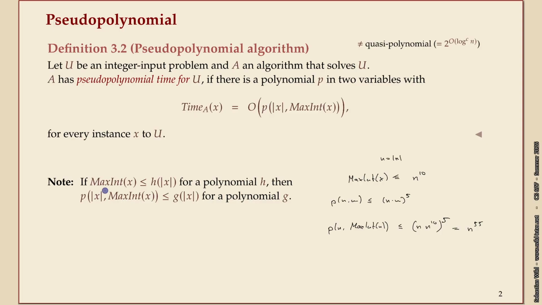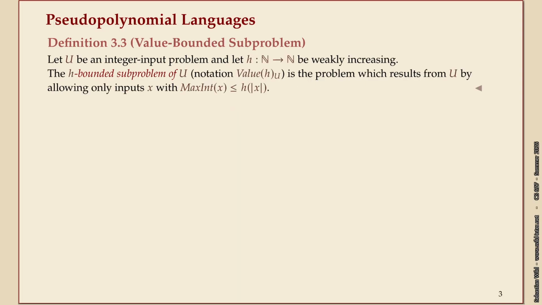So if maxint is bounded by a polynomial, a pseudopolynomial time algorithm is actually polynomial time. Okay. To grab this formula, this another definition. We take a problem u, and we take a bound on the maximal integers that are allowed.